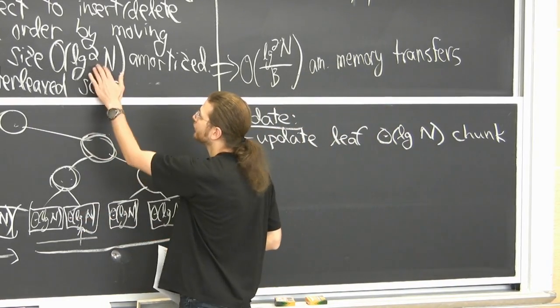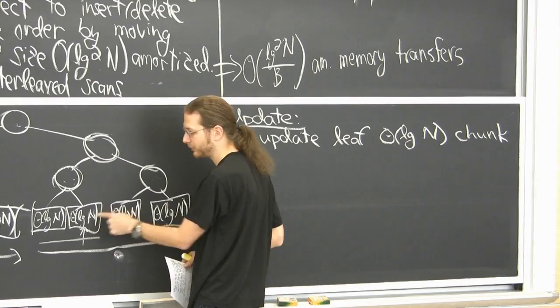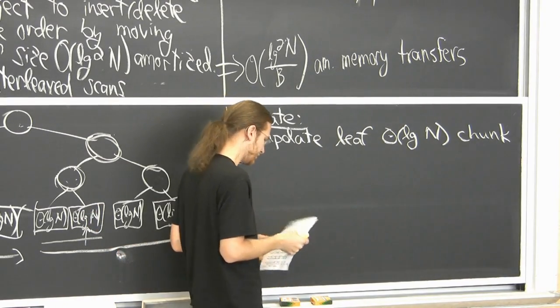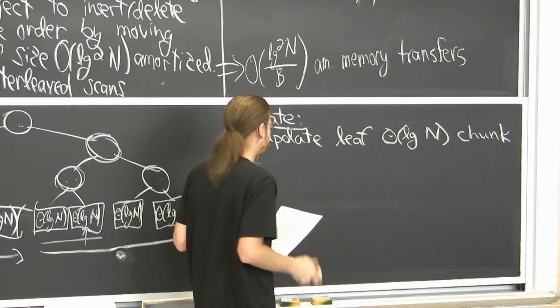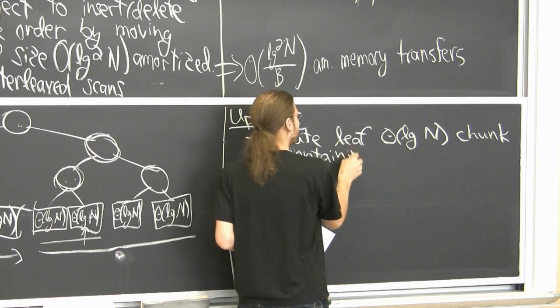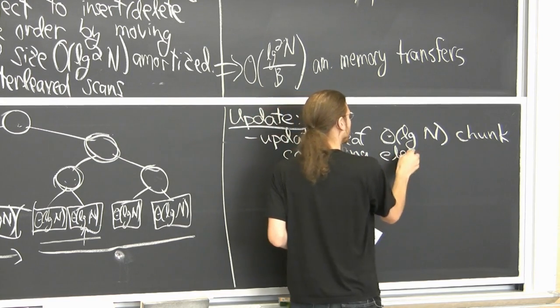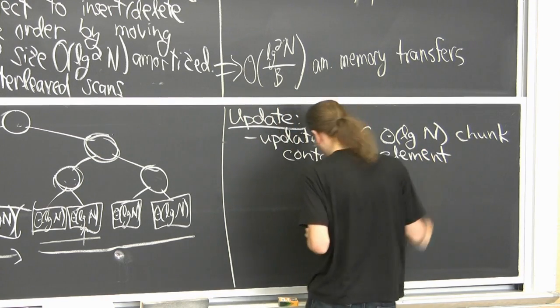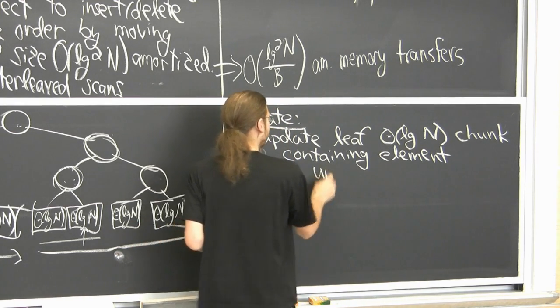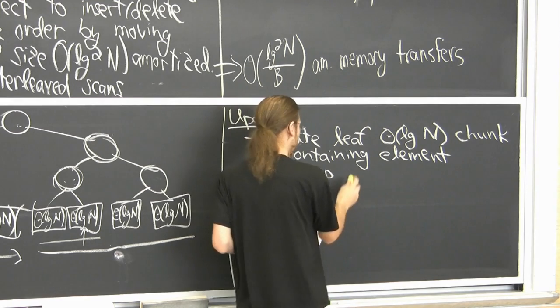We're trying to get a log squared n bound, so we can afford to rewrite an interval of size log n. So that's for free. So whatever leaf contains the element you want to insert or delete. And then we're going to walk up the tree until we find a suitable interval.